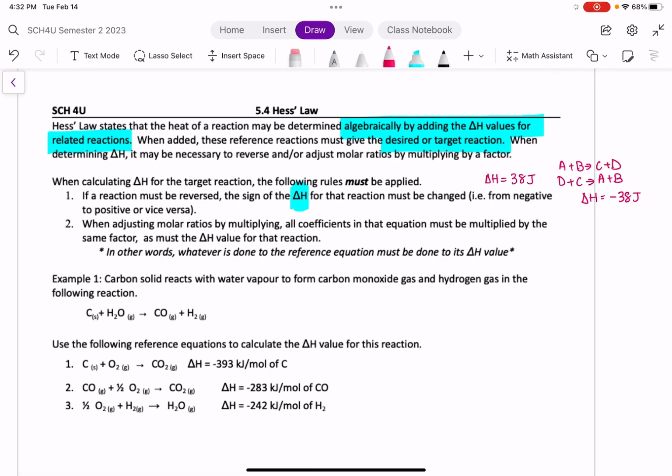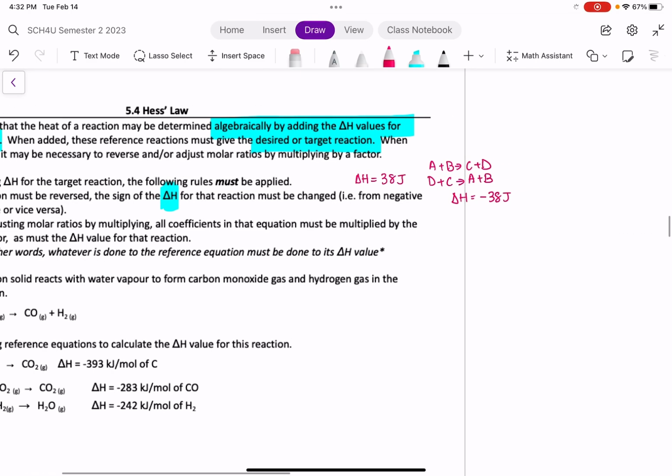The second rule states that when adjusting molar ratios by multiplying, all coefficients in that equation must be multiplied by the same factor, as must the enthalpy change value for that reaction. So whatever is done to that reference equation must be done to its enthalpy change value as well.